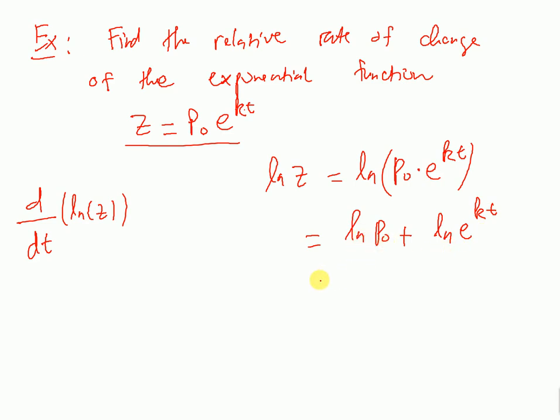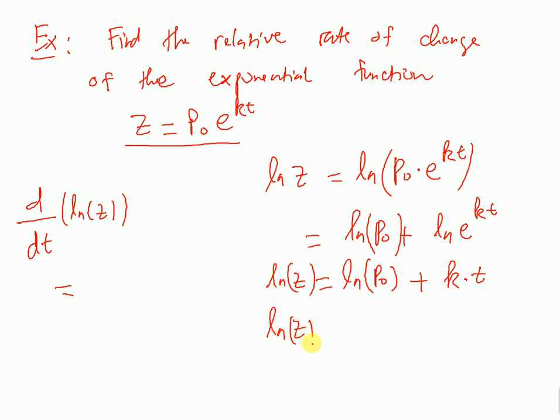So ln p naught, plus ln and e cancel each other, giving you kt. So this is ln of z. Now we take the derivative of this with respect to t, taking the prime of this whole expression.